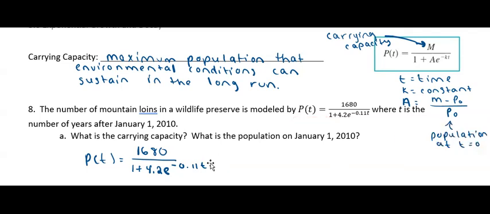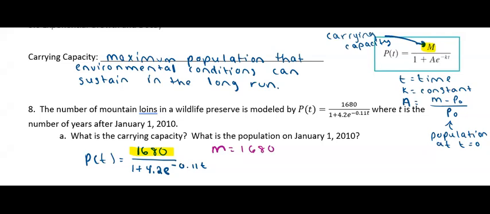So we have all this initial information. This first question is asking us to identify the carrying capacity. Well, the carrying capacity in our equation is this right here, because it's matching with the formula that we were given for P of T. So our carrying capacity, that's our M, and that's 1,680.